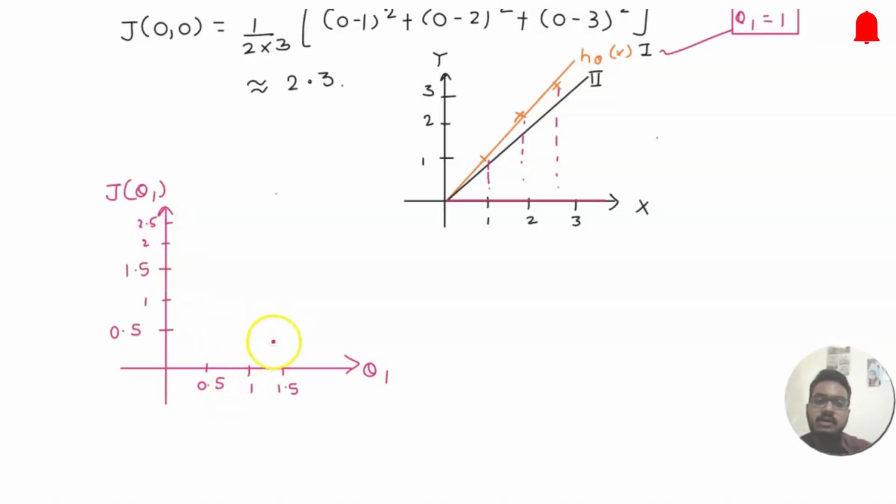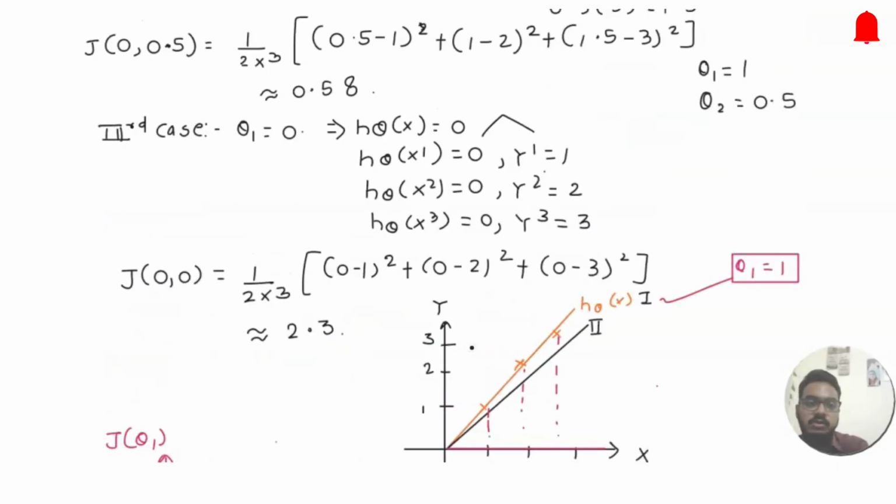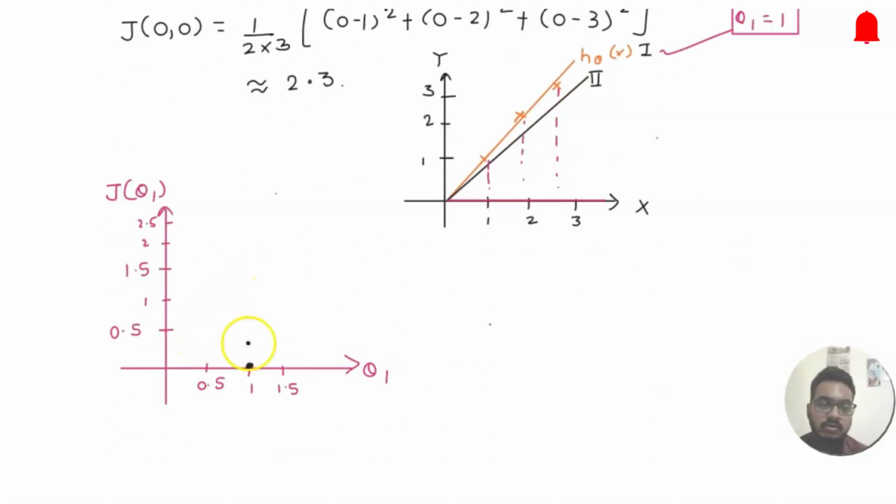When we have taken theta 1 equal to 1, we got the value as 0. For the second case, we got the output as 0.5. In the third case, when we have taken theta 1 as 0, we get 2.34 something, so it will lie somewhere here.